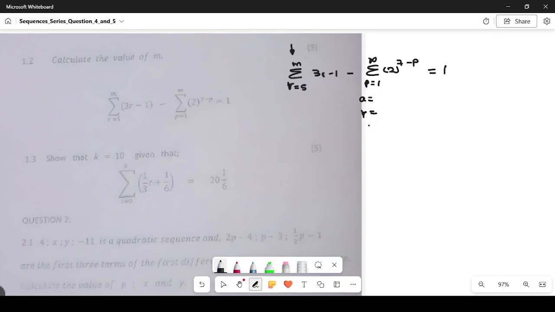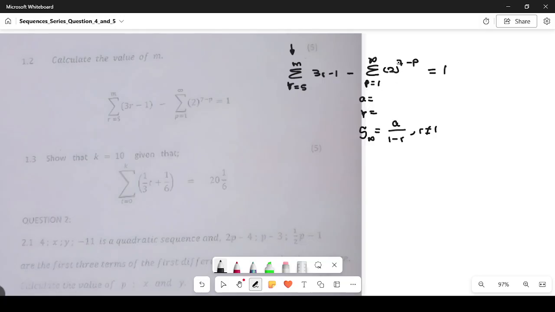Once we have these two, we can find the sum to infinity using the formula a over 1 minus r, where r is not equal to 1. We'll first simplify this sum because in this case we do not have a variable m, so I'm expecting us to get a whole number.